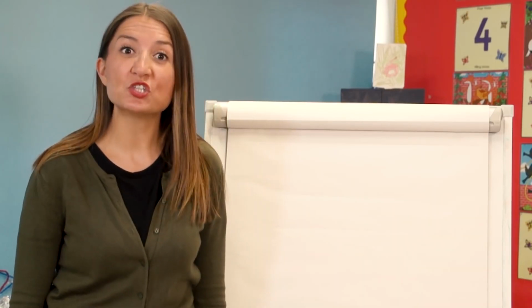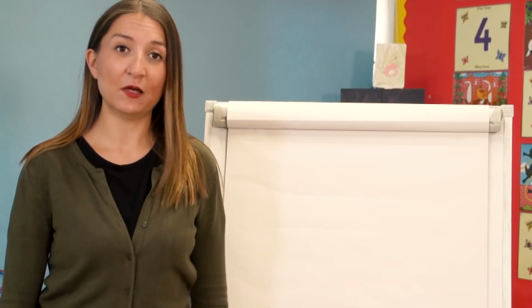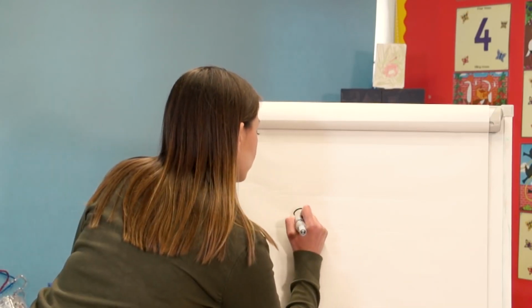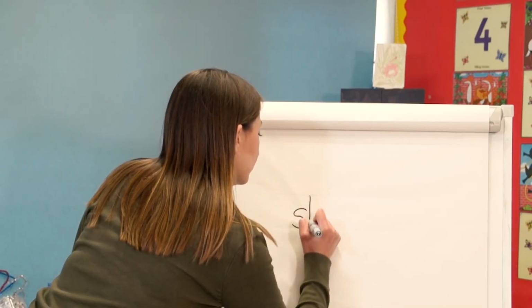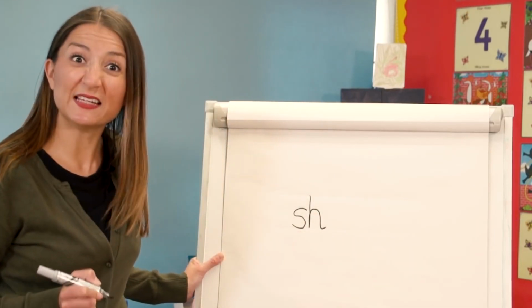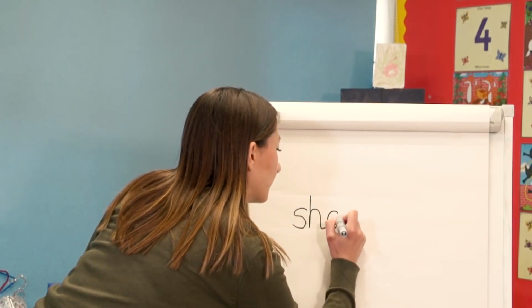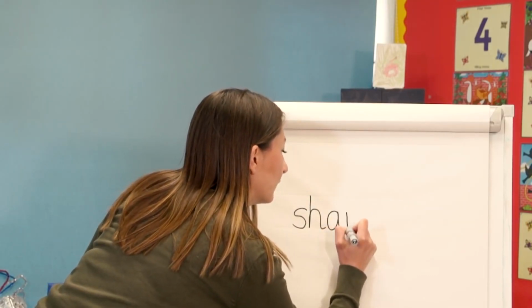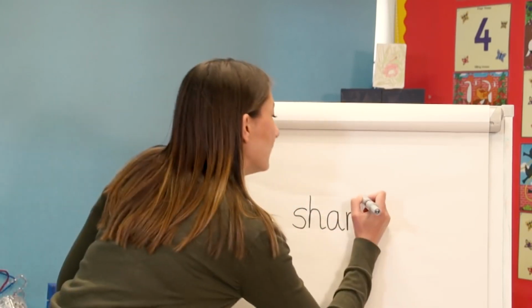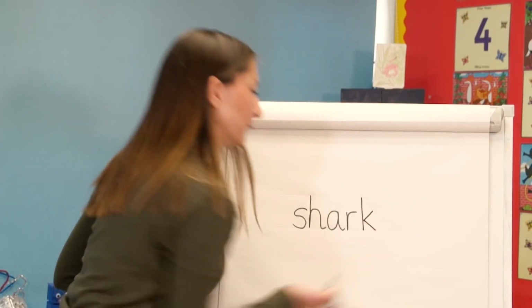Watch me write shark, and remember I need 3 sounds. My first sound is a digraph. Sh. My second sound is also a digraph. Ar. My third sound is k.